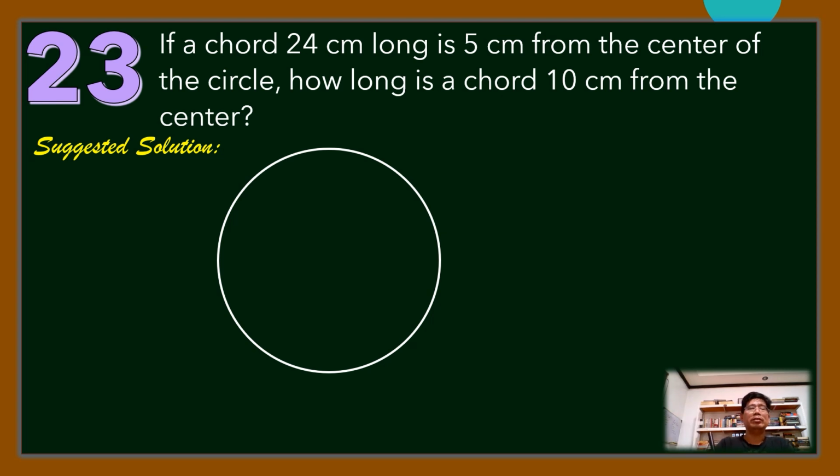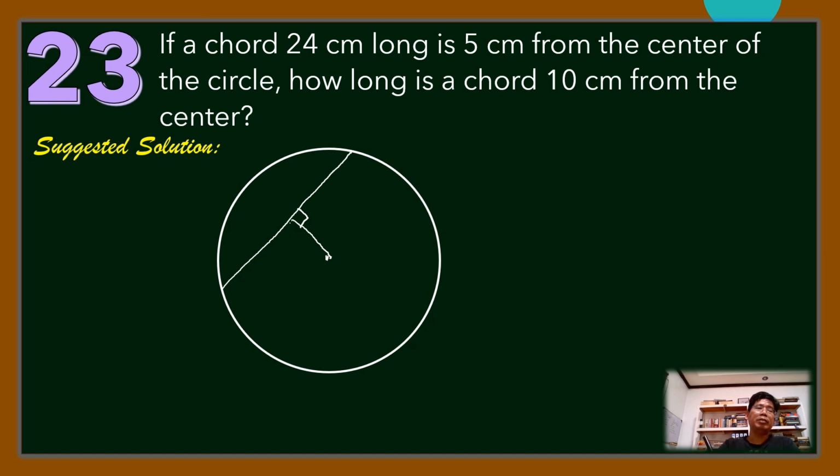Let us have a circle and say that a segment or a chord is 24 centimeters long when it is 5 centimeters away from the center. We know that the chord is perpendicular to the line containing the radius, therefore we have that 24 centimeter chord bisected.